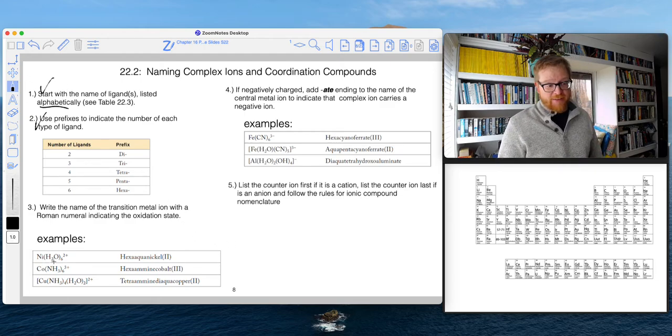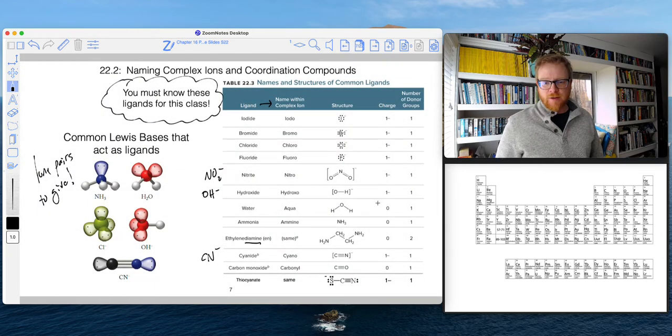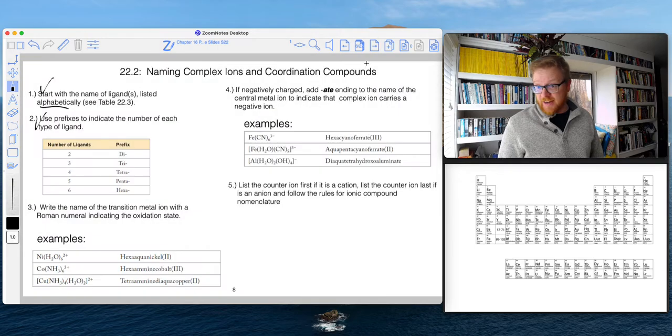If we're looking at this example, nickel with 6 waters, we recognize that the water is 0, so the water is not going to add any of the charges. So when we see that 2 plus, that 2 plus belongs to nickel.